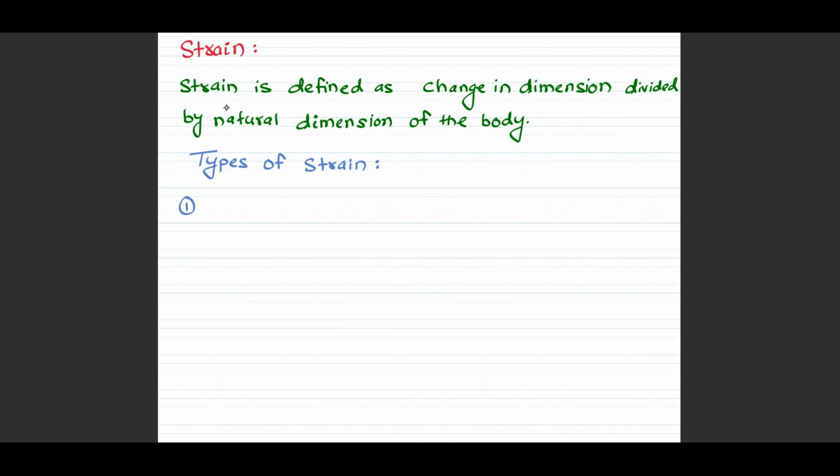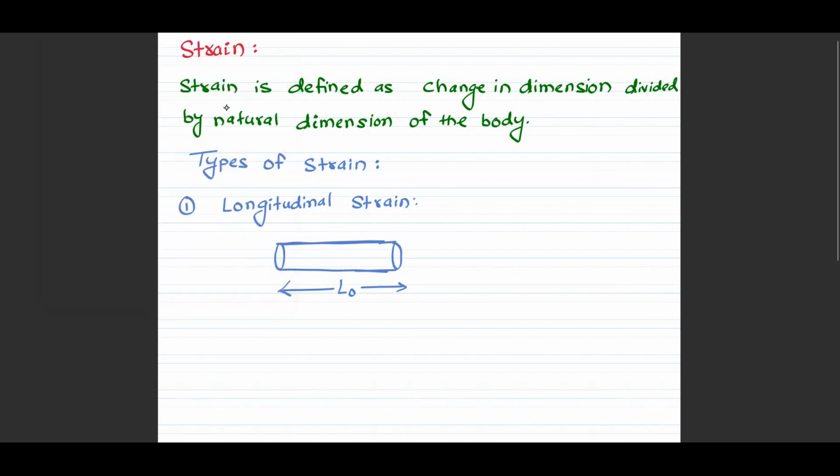First one is longitudinal strain. Now suppose you have a body like this. Natural length L0, and you apply forces like this. This is the natural dimension.